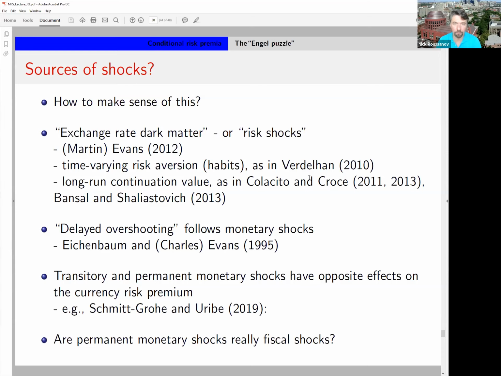So if we think of these long-term, very persistent monetary shocks being really fiscal shocks, potentially like right now, we may be experiencing a long-term fiscal shock which hasn't yet fully played out, but people are expecting maybe we'll have inflation in 4 to 5 years.